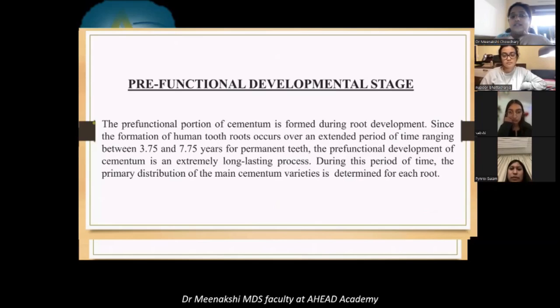So for permanent teeth, this is the pre-functional development of the cementum. During this period of tooth development, the primary distribution of the main tissue is determined.